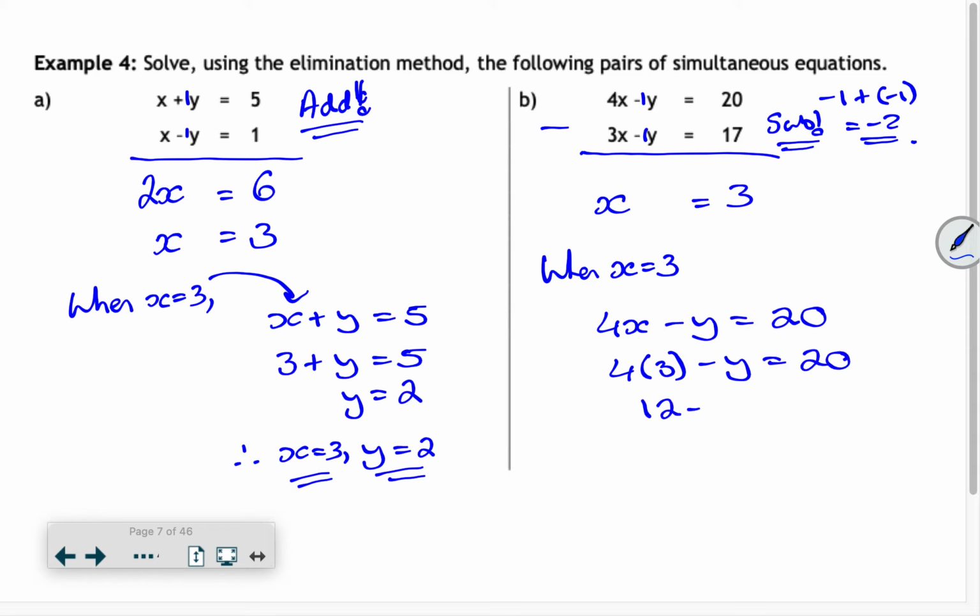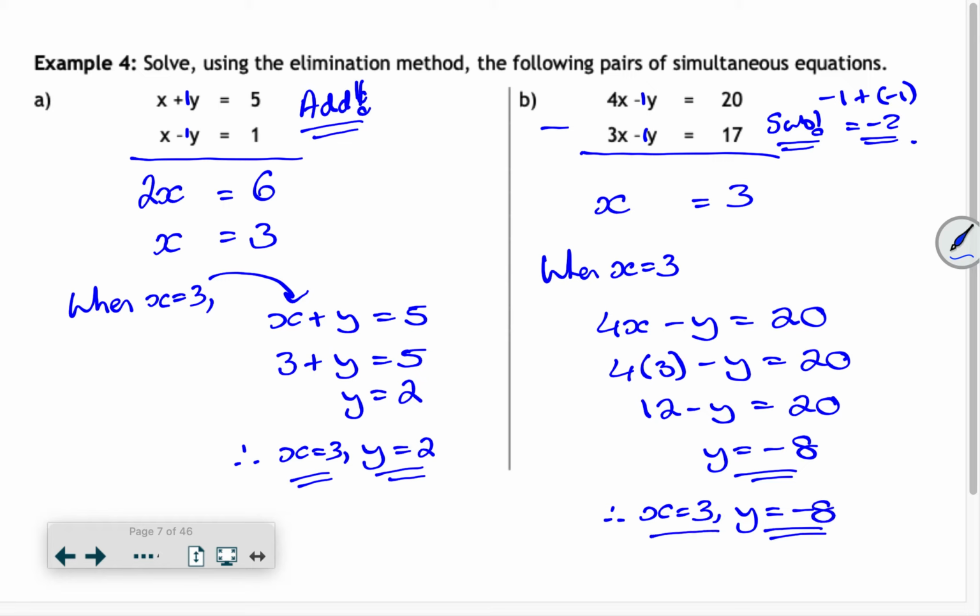So it's going to be 12 minus y is 20. So therefore, y has to be minus 8. So final solution, final answer is going to be, therefore, x is equal to 3, y is equal to minus 8. And that's it.